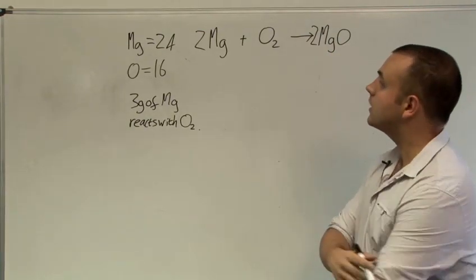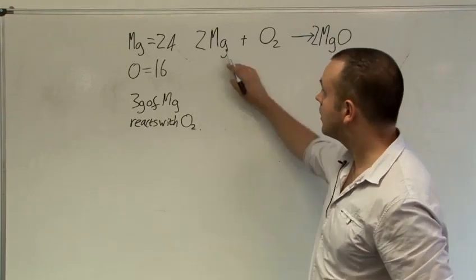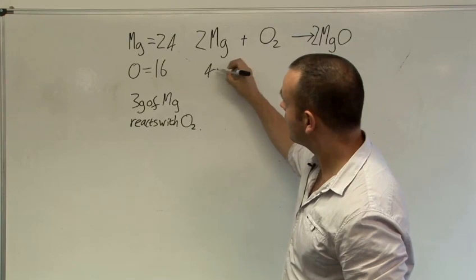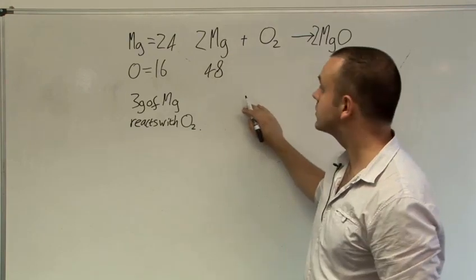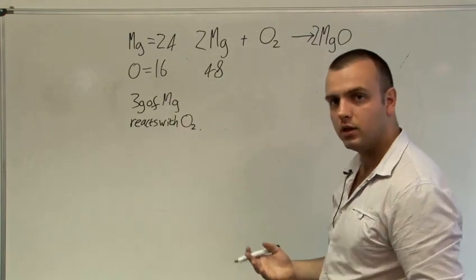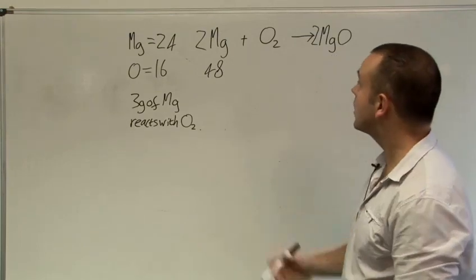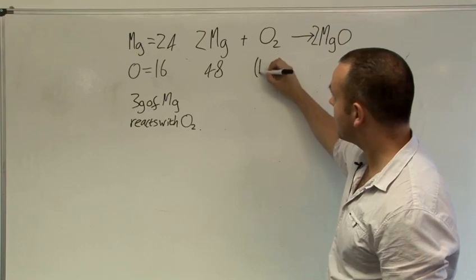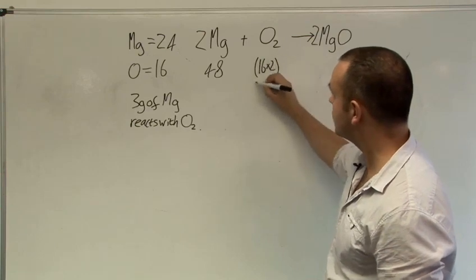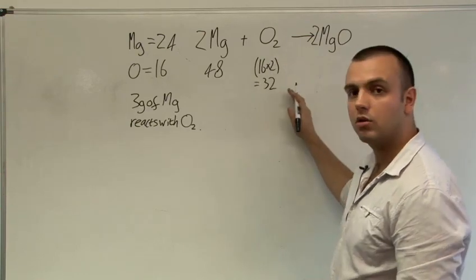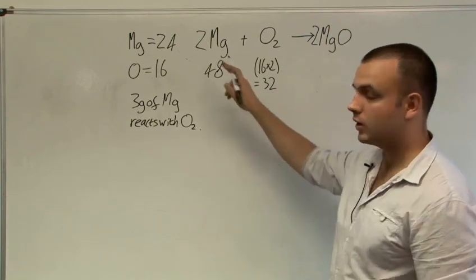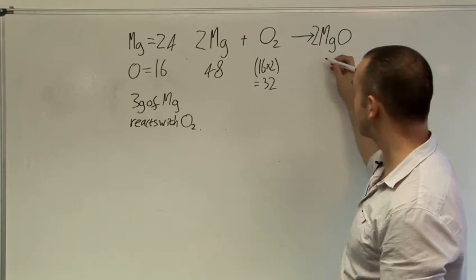Now, if we find the masses involved here, 2 moles of magnesium will have a mass of 48 grams, since 1 mole of magnesium has a mass of 24 grams. 1 mole of oxygen molecules will have a mass of 16 times 2 equals 32 grams. 1 mole of magnesium oxide would be 24 plus 16 equals 40.